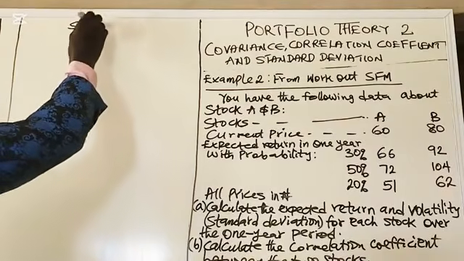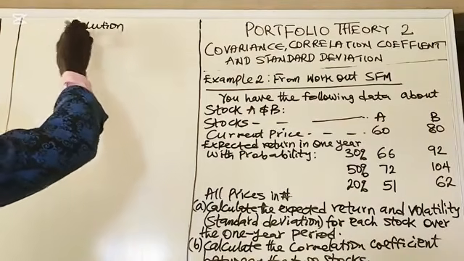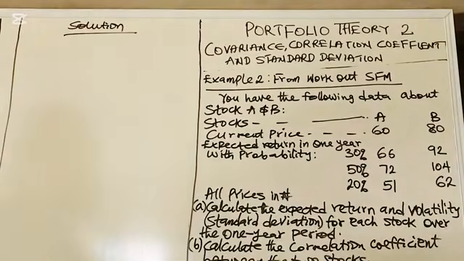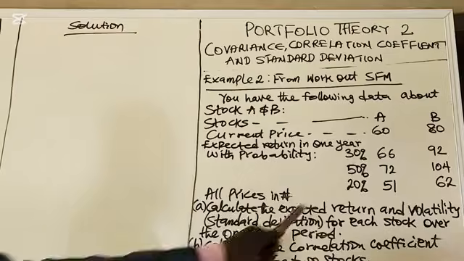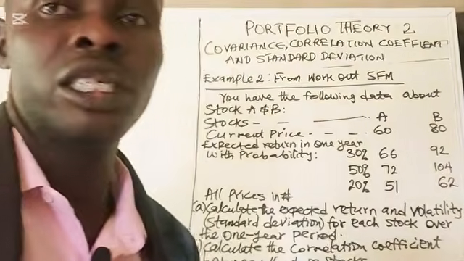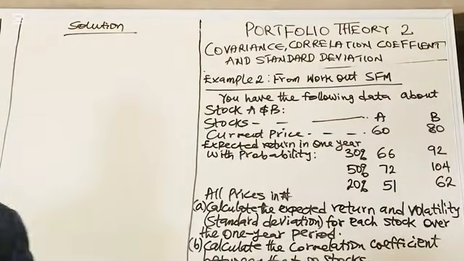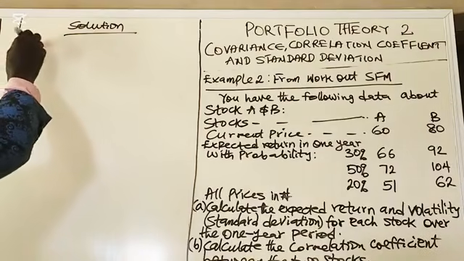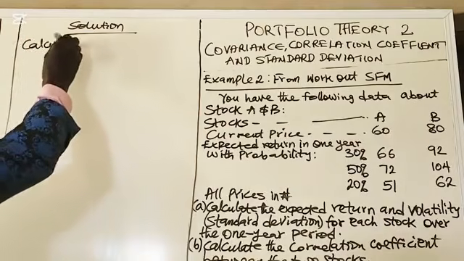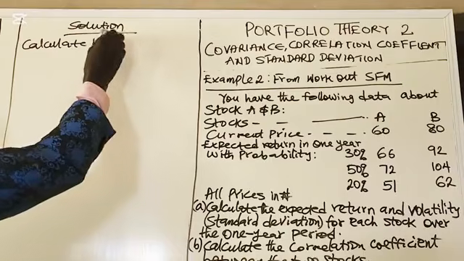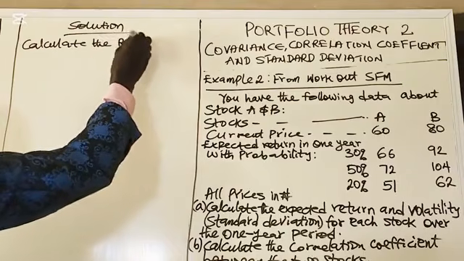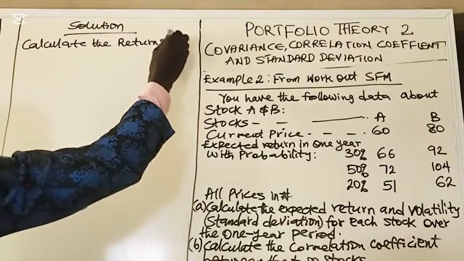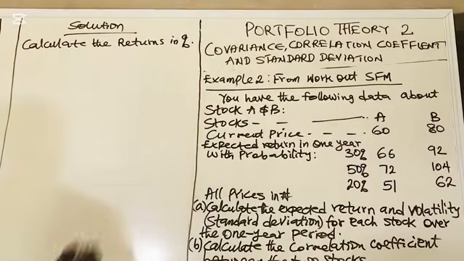Solution. Since the returns are not given in percentage, you will need to calculate the return in each scenario. You need to calculate it in percentage. Step 1. Calculate the returns in percentage.